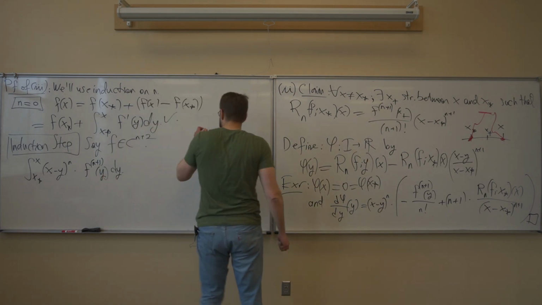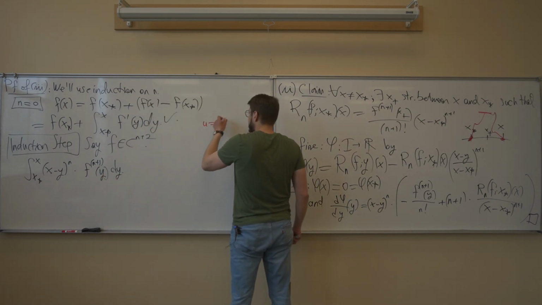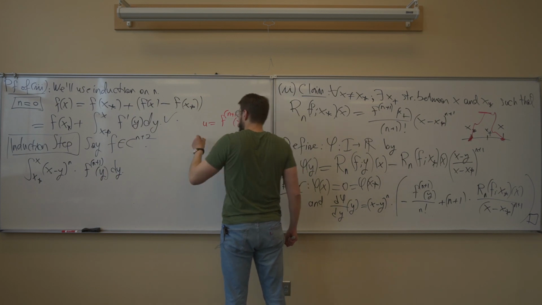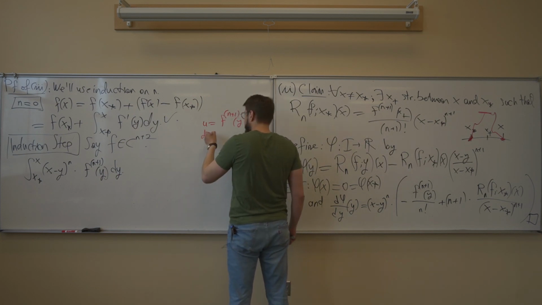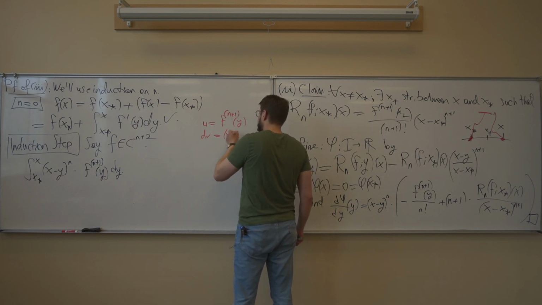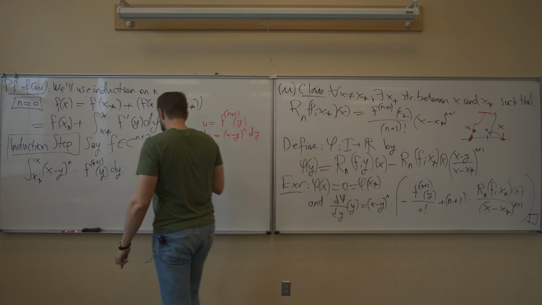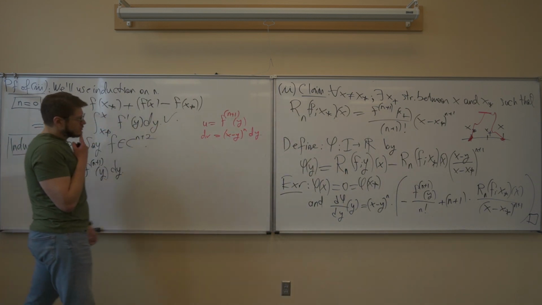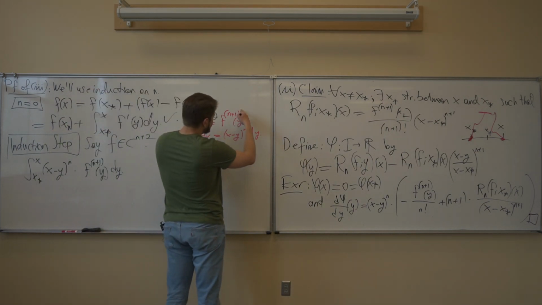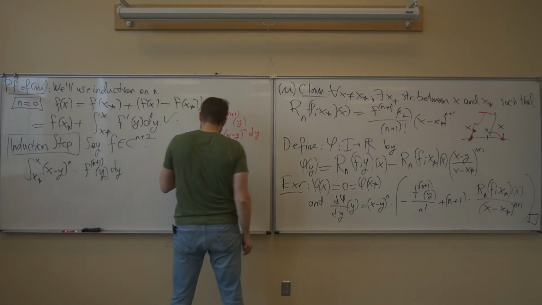So let me write it here. My u is going to be the (n+1)th derivative of f at y, and dv is going to be the remainder, (x minus y) raised to the power n times dy. And so what is du? du is the (n+2)th derivative of f dy.